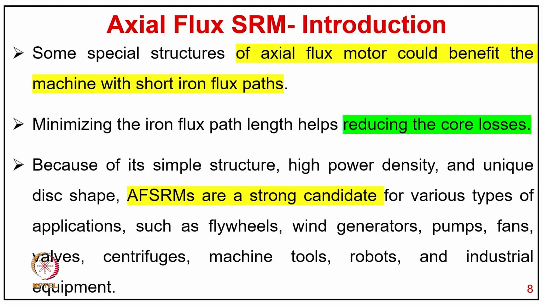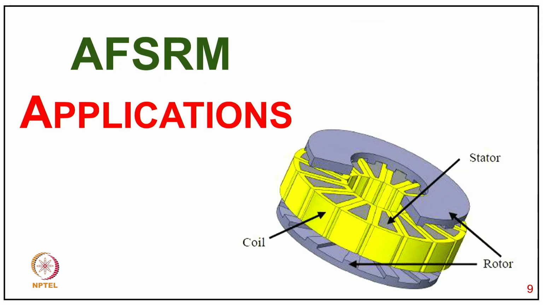Because of their simple structure, higher power density and unique disc shape, axial field reluctance motors are a strong candidate for various types of applications, such as flywheels, wind generators, pumps, fans, valves, centrifuges, machine tools, robots, and industrial equipment.